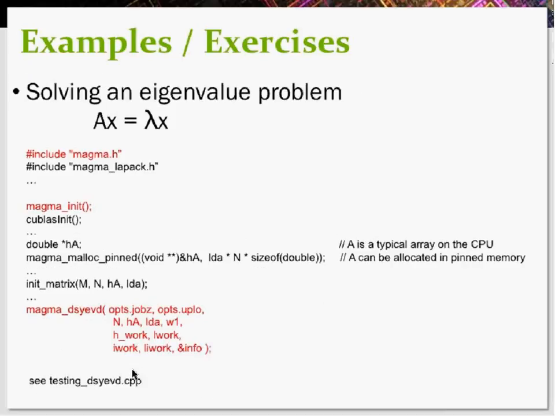The next example is to solve an eigenvalue problem. Again, we have to have the following definitions. We call again magma_init, allocate some memory locations, and then we call the LAPACK routine for solving the eigenvalue problem. And you see this in our library, so the top level has generated those.